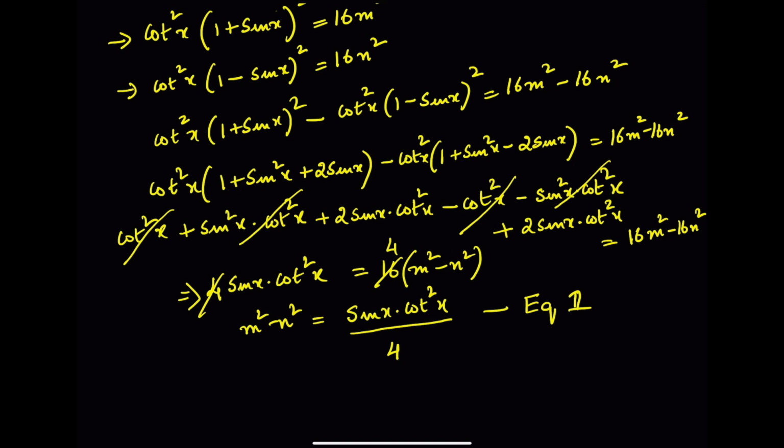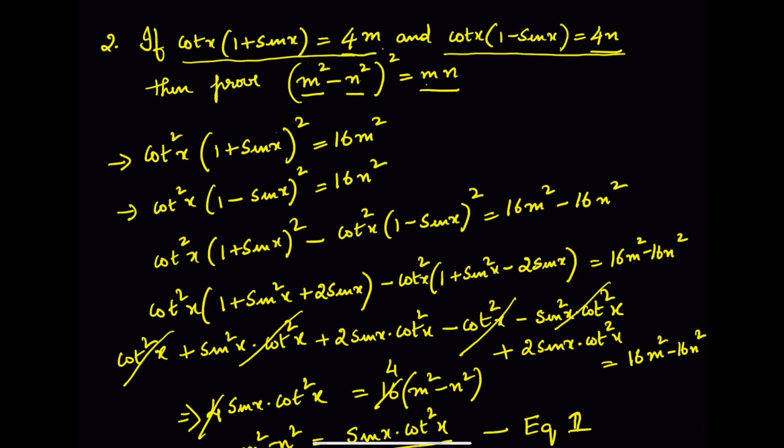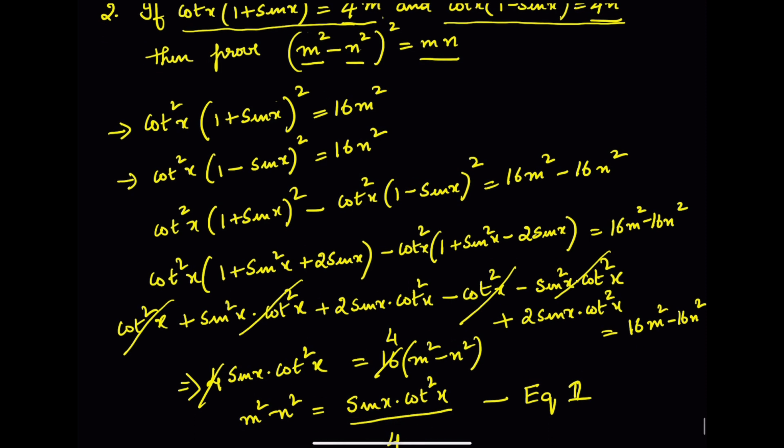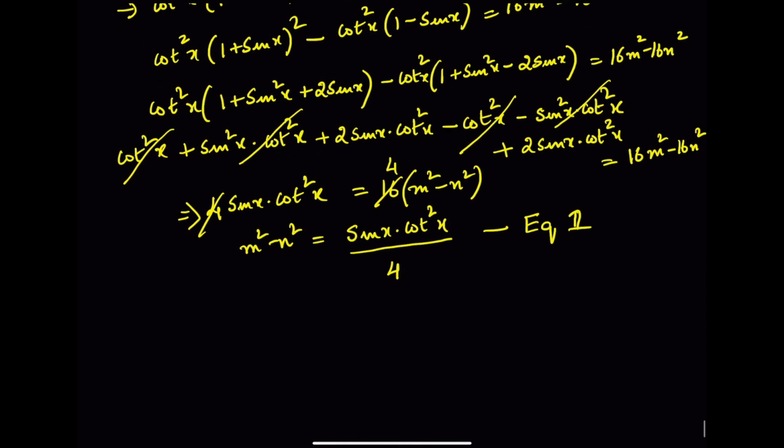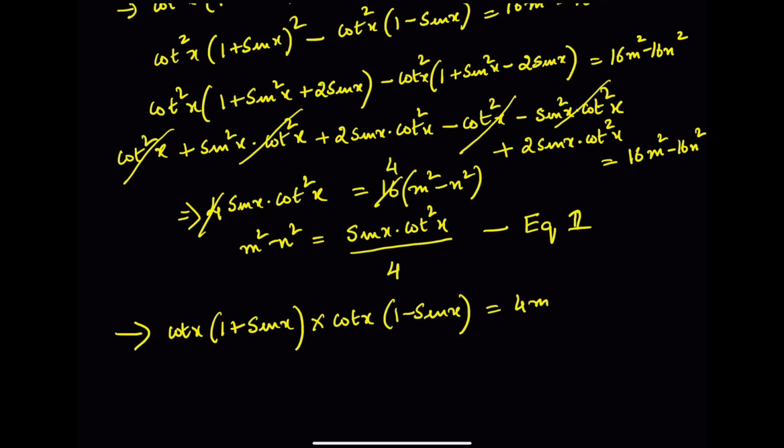Okay. Now we have to achieve m times n. So what we can do is, let's multiply these two parts of the data so that we get m times n. So what would that be? If we multiply, we would get cot x times (1 plus sin x) multiplied by cot x times (1 minus sin x) is equal to 4m multiplied by 4n.